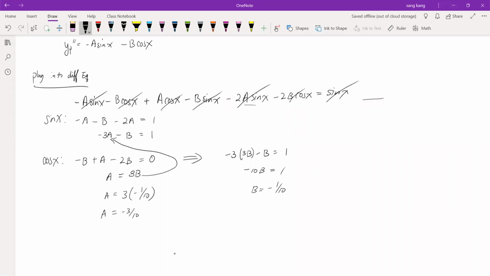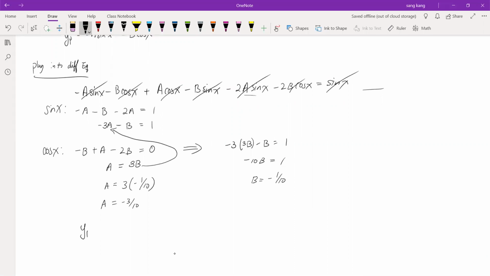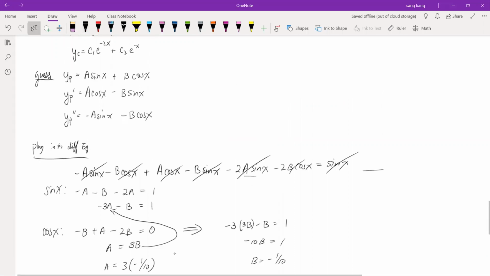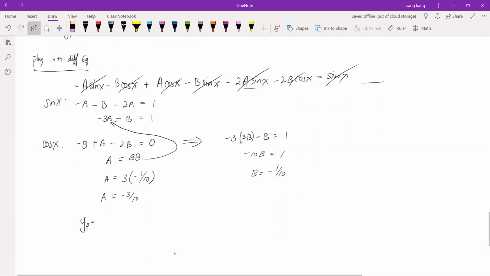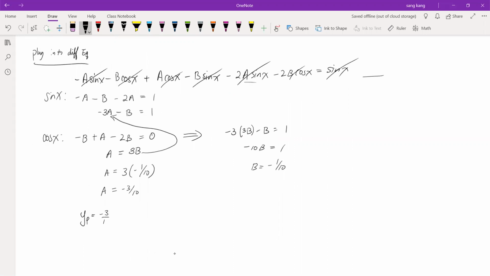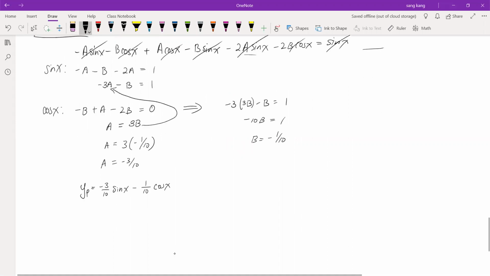So our particular, which is coming from here, is negative 3/10 sine x minus 1/10 cos x. Our y general is yc plus yp.